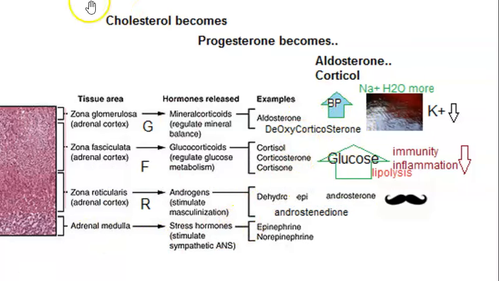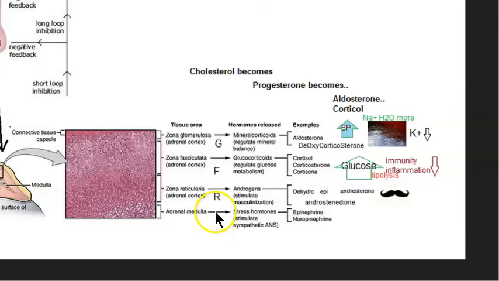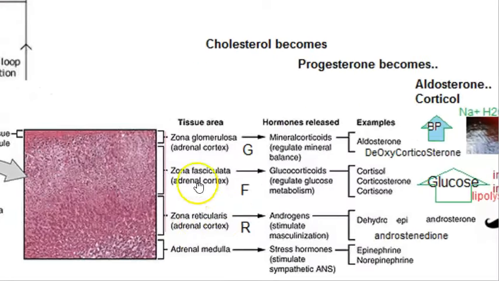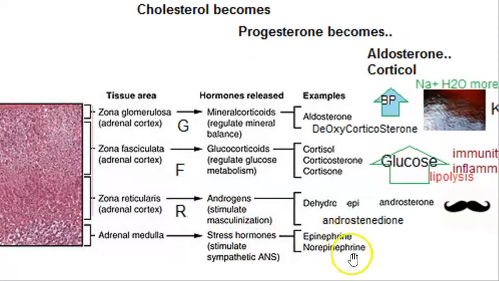Okay, then coming to the medulla. So we have reached the medulla, people, of what? Which medulla? Did we go into earth? No, we went into the adrenal gland from outside. So what is there in the adrenal gland? Those two cells, chromaffin cells and sympathetic ganglion cells. These are going to release epinephrine and norepinephrine.